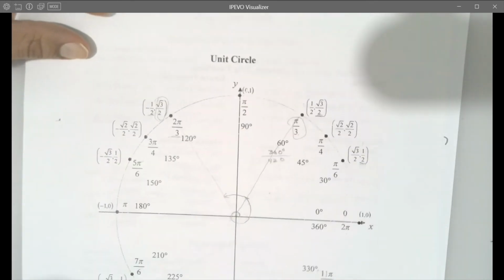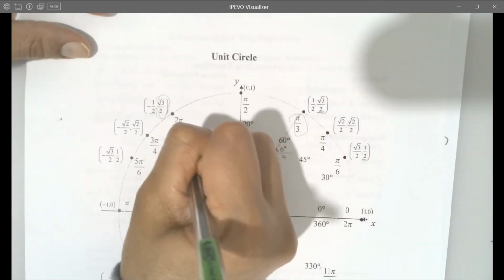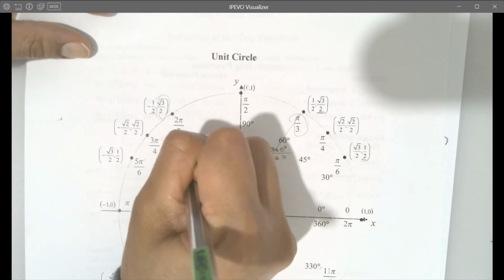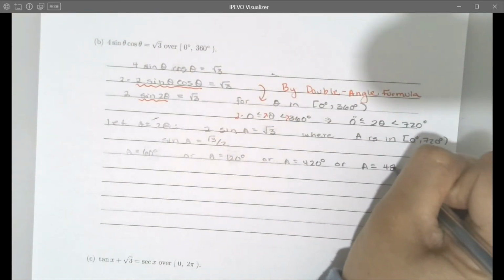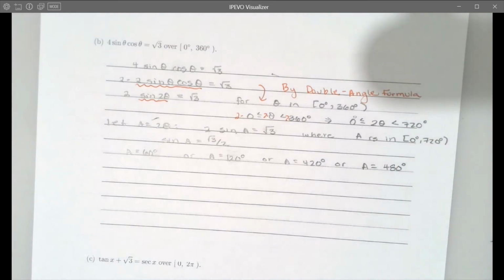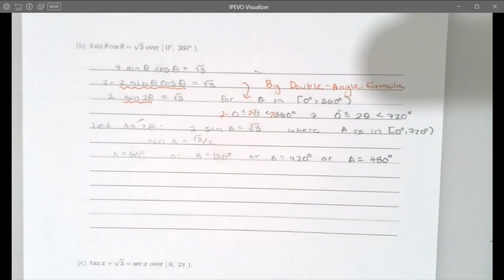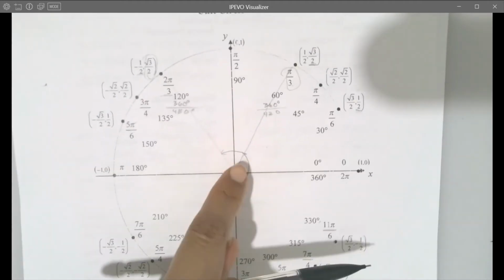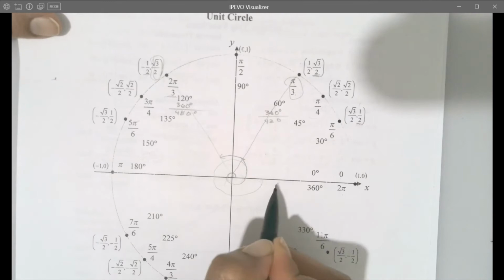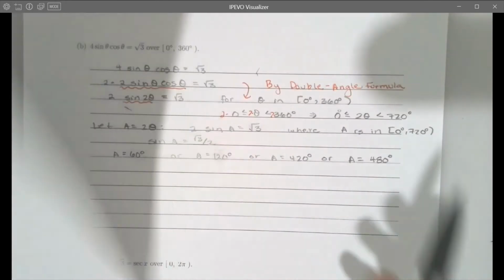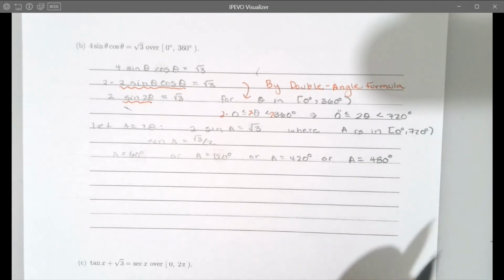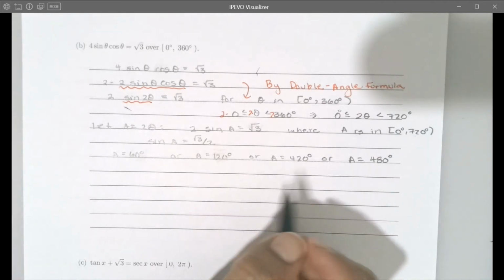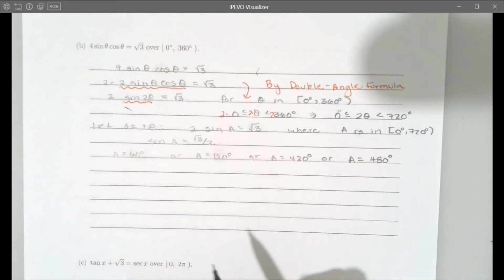That would be 120 plus 360, which is going to give us 480. And from there there are no other angles, because if we complete one more cycle, that's already 720 degrees, and that goes beyond the upper bound of the range.